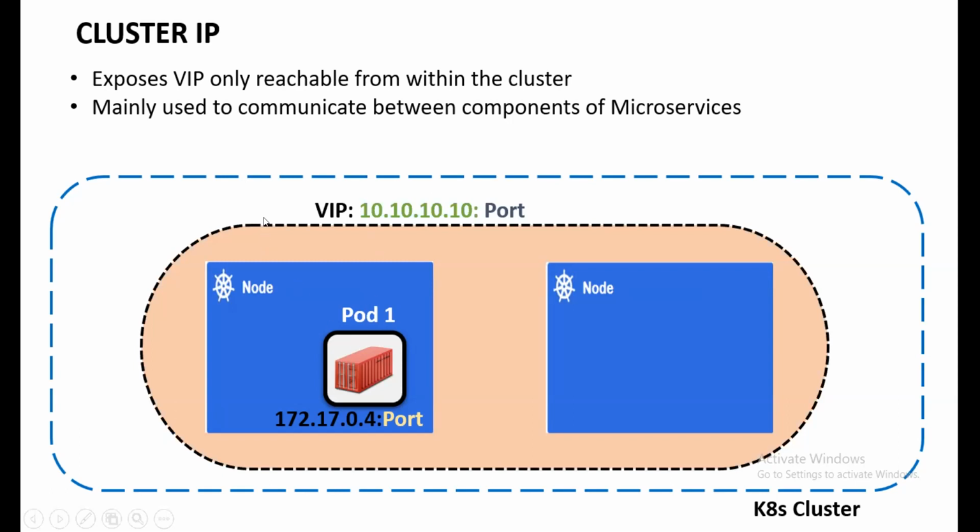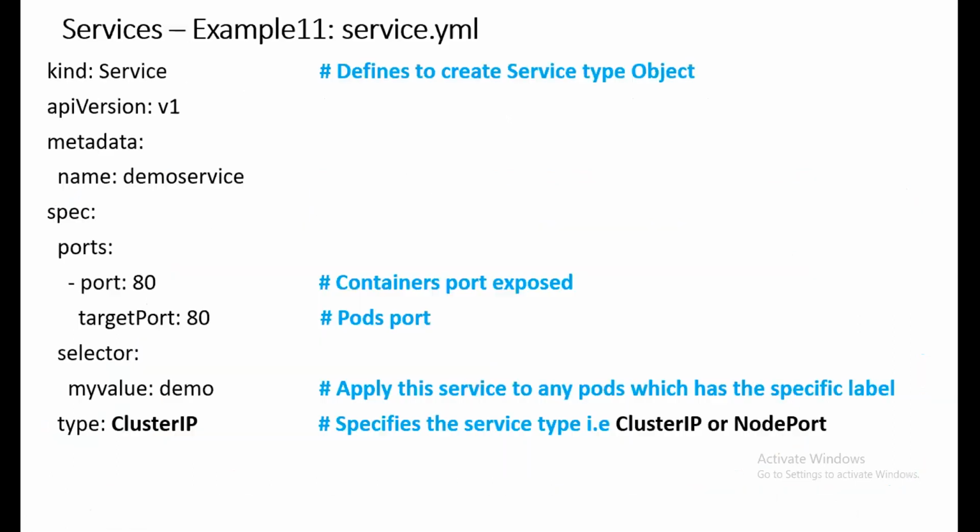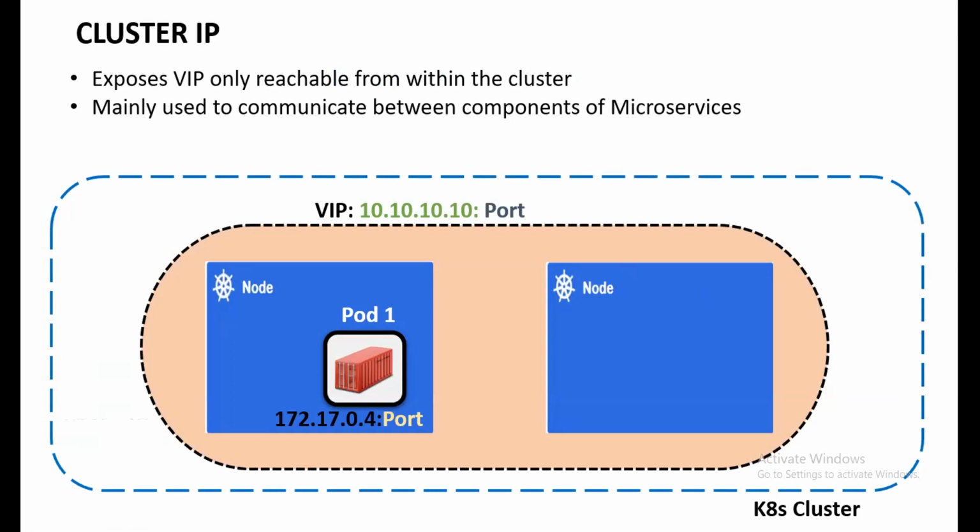Then you can create a service on top of it. And if you make it as cluster IP, then the IP which the service gives will be available only within the cluster. Okay. So you can go to any machine in the cluster and you access this particular IP given by the service of the type cluster IP, you can access it within the cluster.